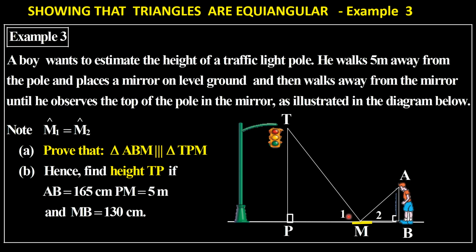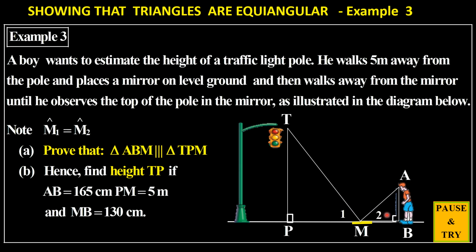If he stands at the mirror now, the reflection of the top of the pole is not in the mirror. So he moves away from the mirror gradually, and he focuses on the mirror until he sees the top of the pole reflected in the mirror. Okay, and then he stops there. Right?